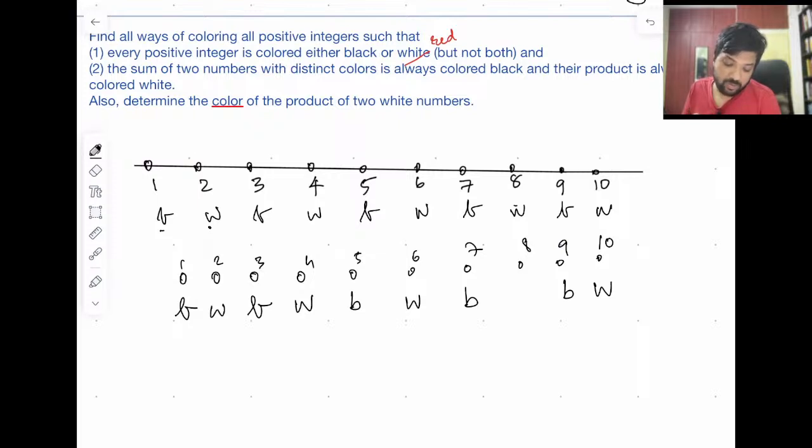So 8 plus 2 or 8 plus 1. See, again we can do the same thing. 1 is black, and if this was white, this was black, is there a contradiction? Black plus white, 8 plus 2 would have been black. That's a contradiction, so it's white.